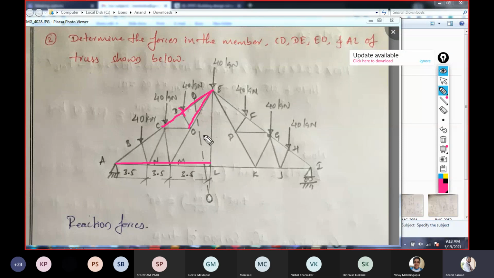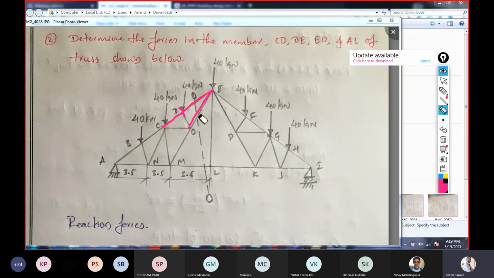So when we get these kinds of problem statements, we need to move on to the method of section itself, because if you start with the method of joint, we need to solve for AB also, and BC and BN; all of these joints need to be carried out. If this is the case, we need to move on to the method of section.